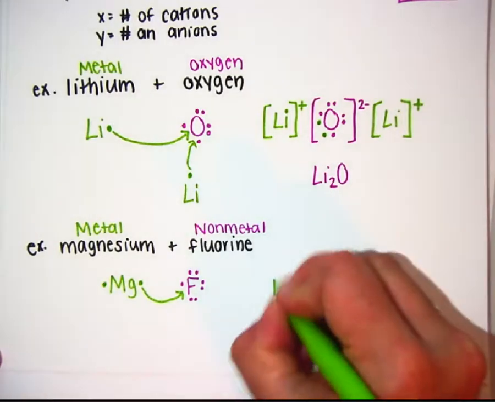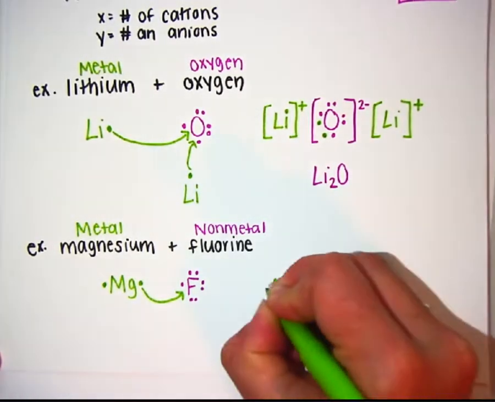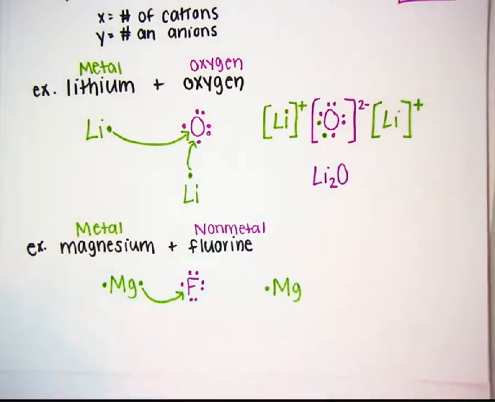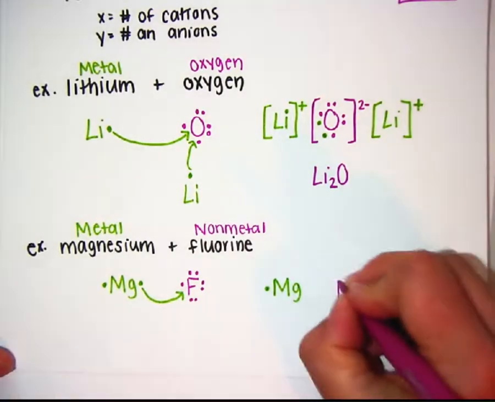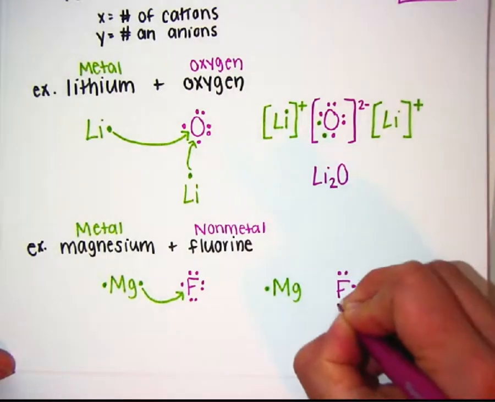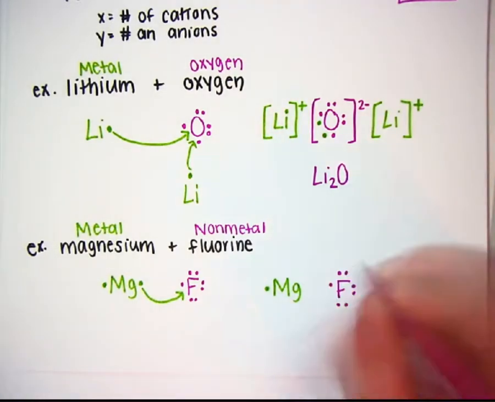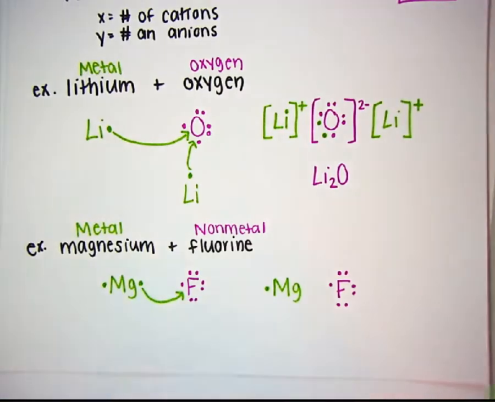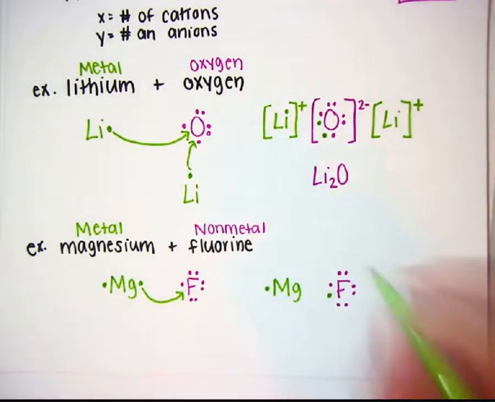So now let's look what happens. Magnesium lost 1 electron. Fluorine gained 1 electron. So fluorine is good. It follows the octet rule. It has 8 valence electrons.